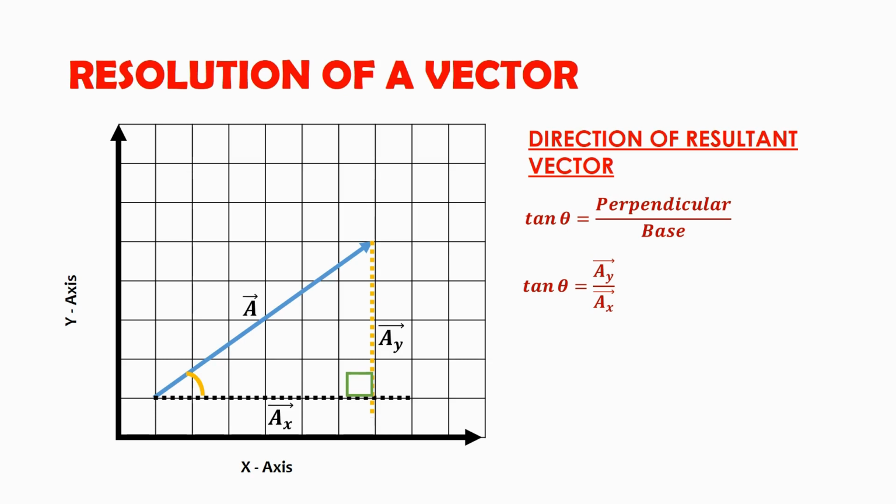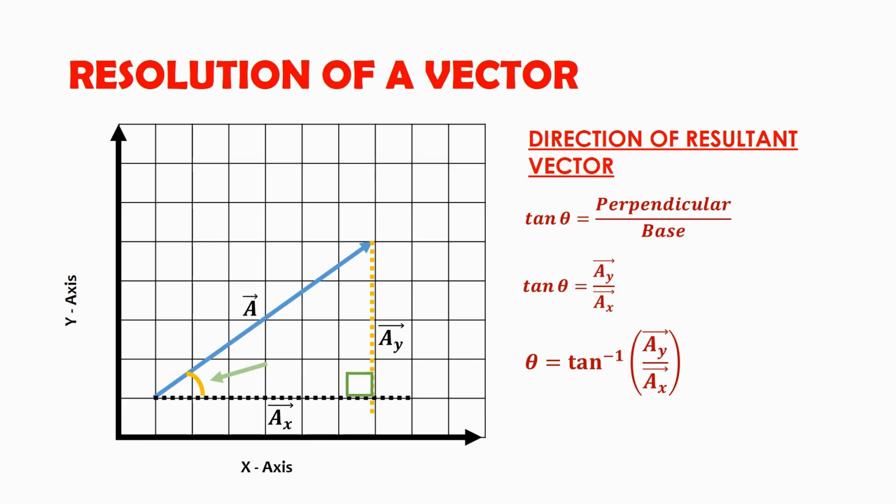You need to shift tan to the opposite side. When the function shifts to the other side, it becomes inverse. So it will be represented as theta equals tan inverse of ay upon ax.